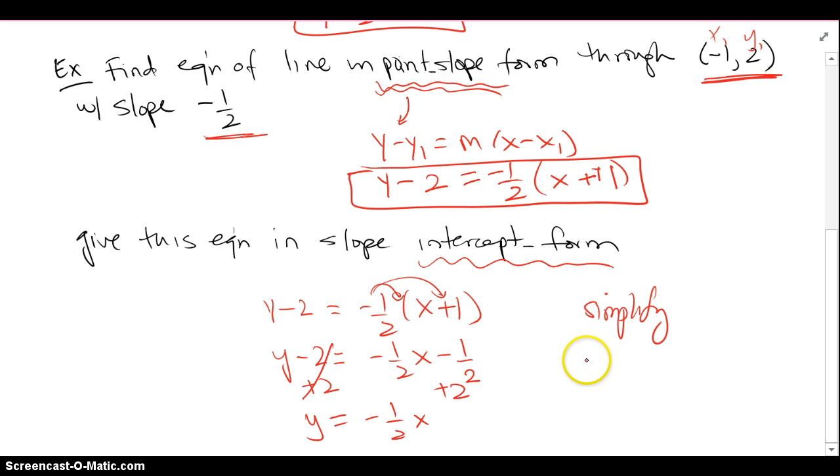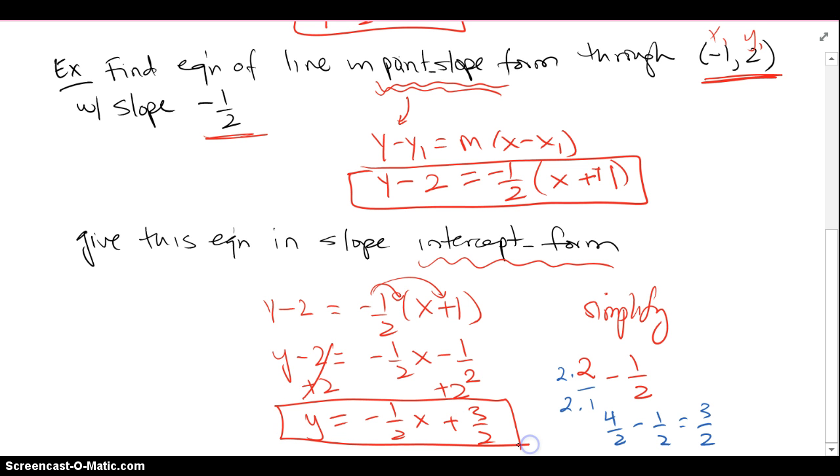Remember, I have to add 2, a positive 2, and take away from it 1/2, so I'm going to need a common denominator. The common denominator is 2, so I multiply top and bottom by 2. That gives me 4/2 minus 1/2, which is 3/2. So our y-intercept in this case is a positive 3/2, and there's my equation in slope-intercept form. So to get from point-slope form to slope-intercept form, all I have to do is simplify it and isolate y.